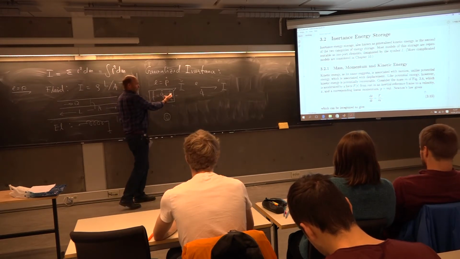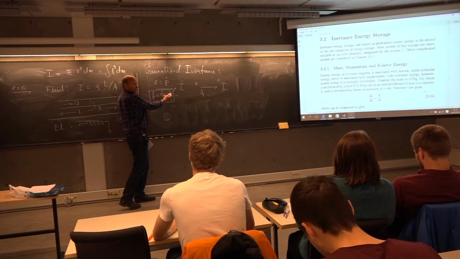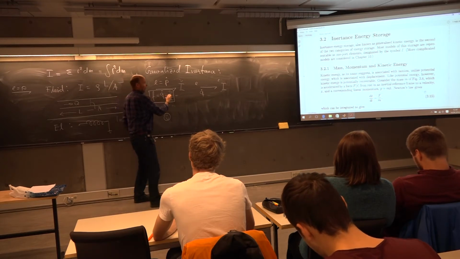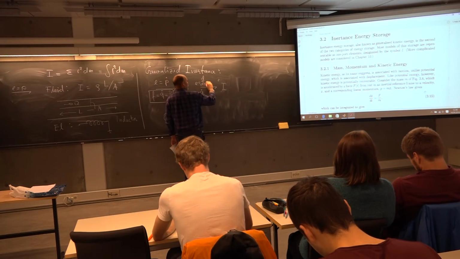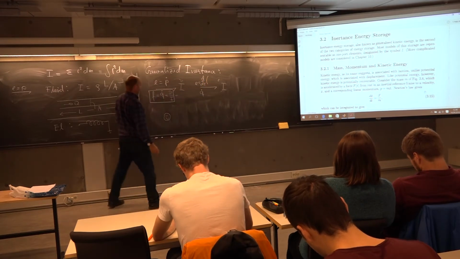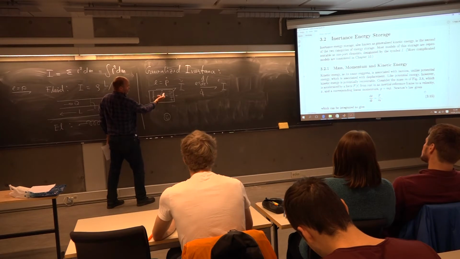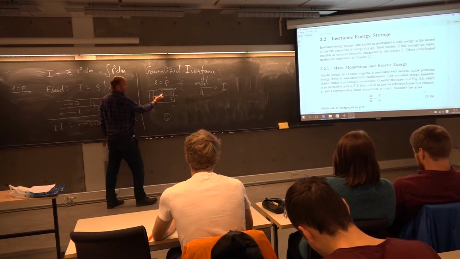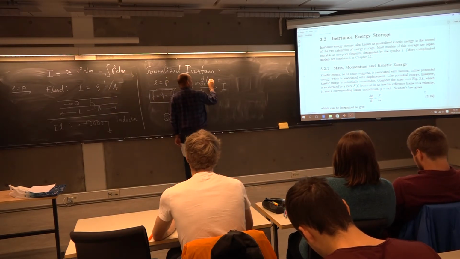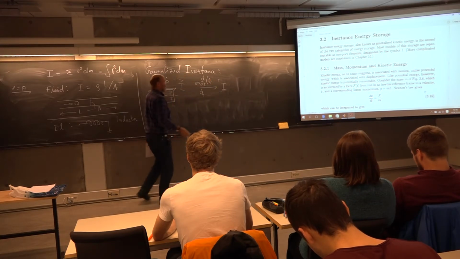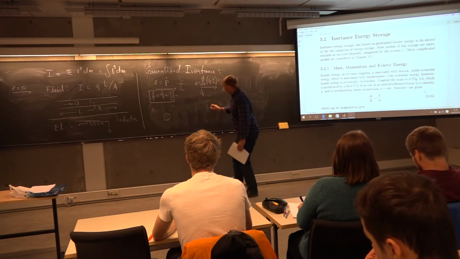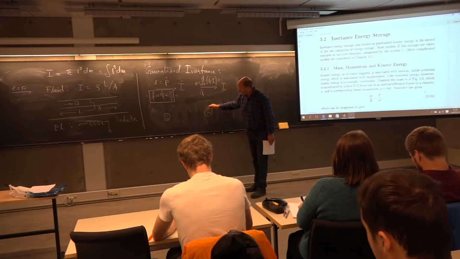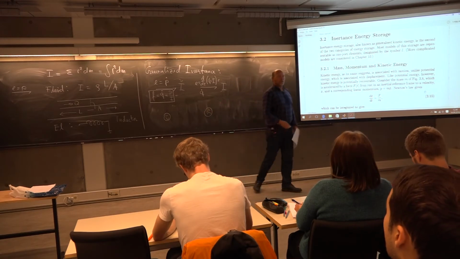I can find a P alone, but then I have to take a time derivative. So the effort equals the time derivative of the flow, Q dot, multiplied with the inertance. So this is also an option. We don't like it, but we are capable of doing it if necessary.